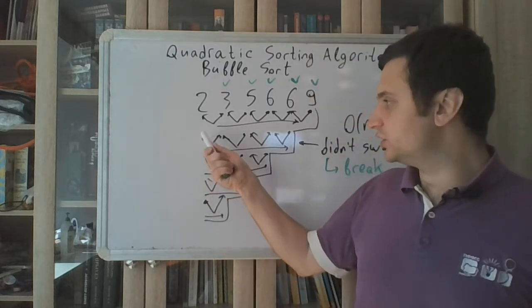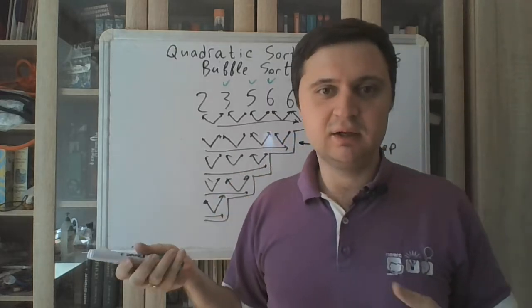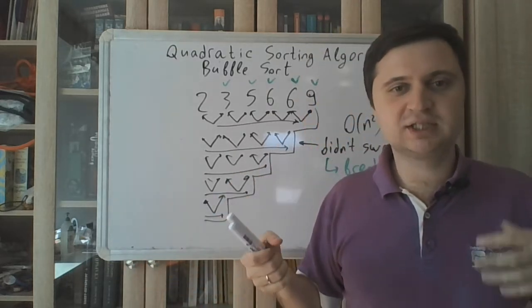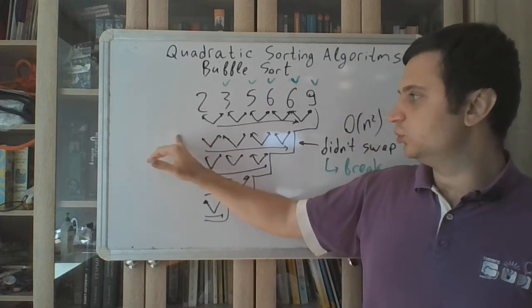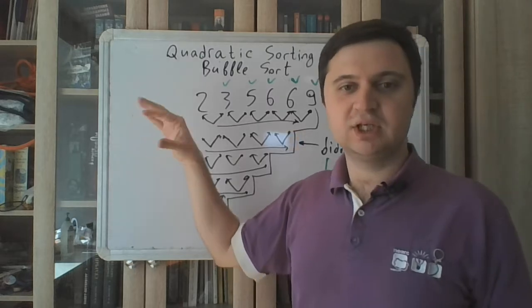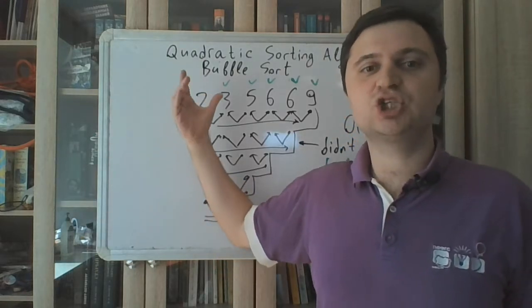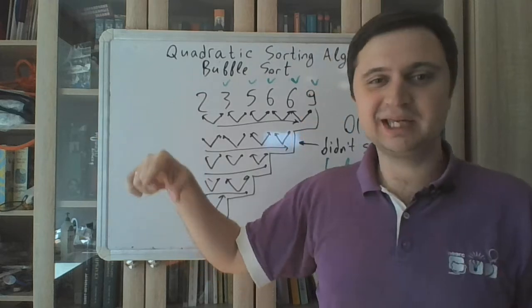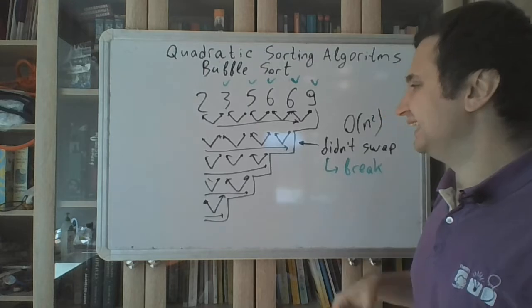And in order to check whether some swaps were done, the usual way is just to store a single Boolean variable. You start with a Boolean variable with the value false. So it means whether I have done any swaps. Wonderful name, like whether_I_have_done_any_swap.